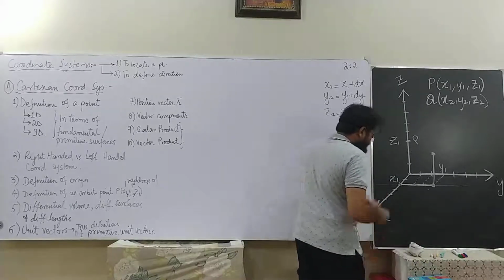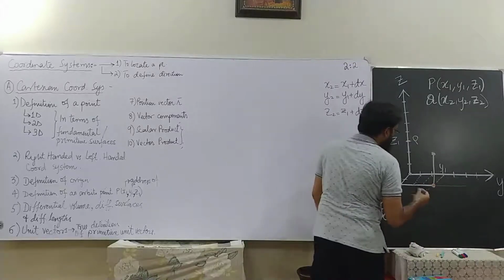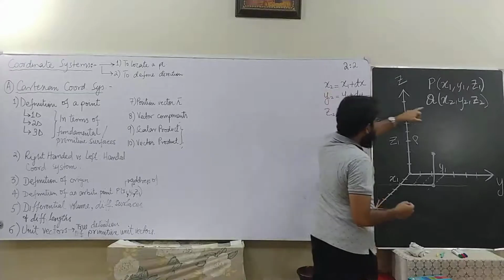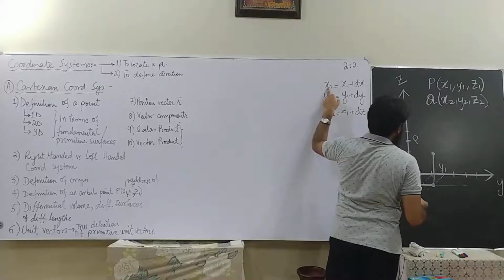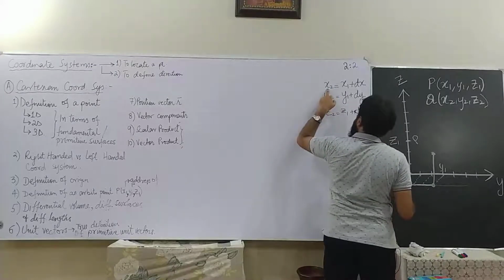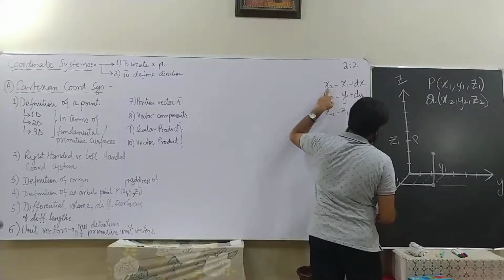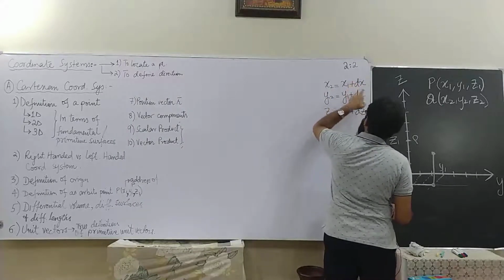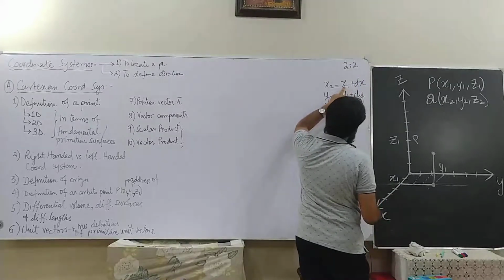Okay, so let me use a different color for that. Let me use this red. I hope you would be able to see that. So if I want to reach this point Q, I know that if I want to reach the surface which is intersecting the x-axis at x2, I have to increase a little bit of length, which is dx, a very small length, in the previously obtained value of x1.